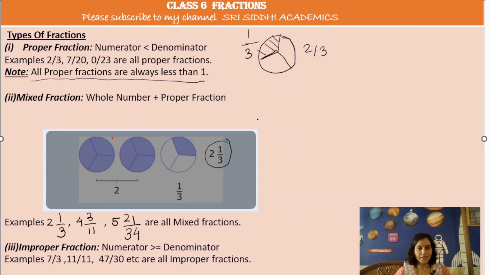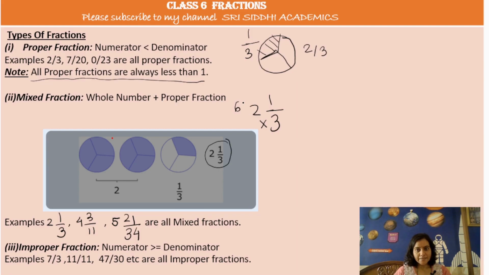Now let's check how to convert. Why did I say mixed fractions and improper fractions are the same thing? So if this is 2 1/3, if you have to convert it into improper fraction, what you do, you multiply the denominator with the whole number here. You multiply 2 into 3, that is the denominator, with the whole number. Whatever you get, we get here 6.